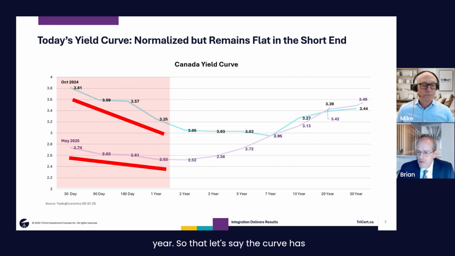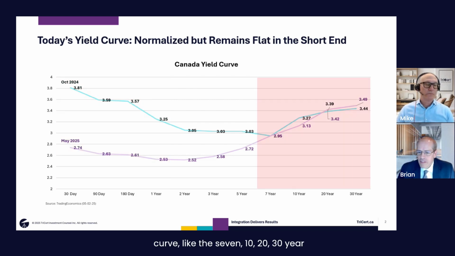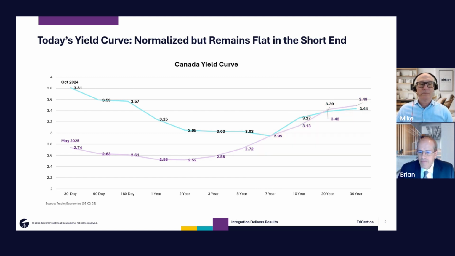So the curve has gotten a little bit more normal. You can also notice that the first 30 days to 2 years is pretty flat at the short end, and the long end of the curve, the 7, 10, 20, 30-year part, hasn't changed all that much from last October.